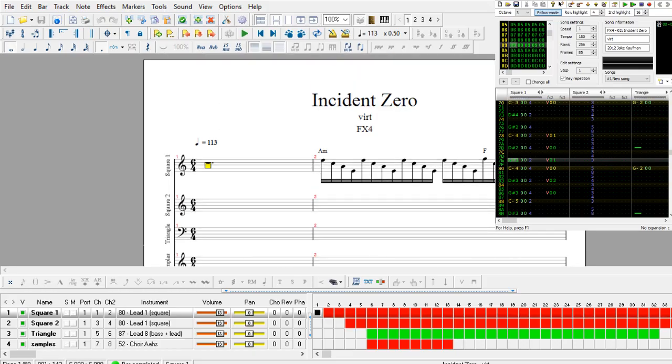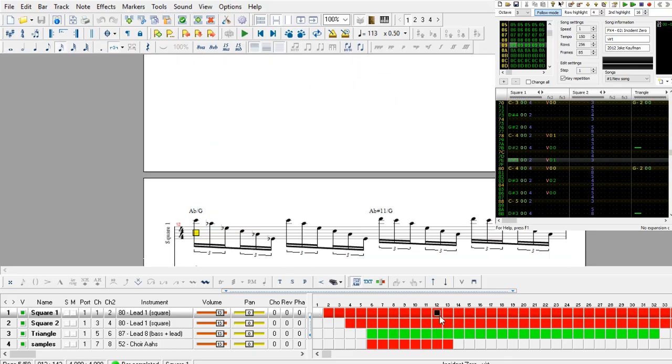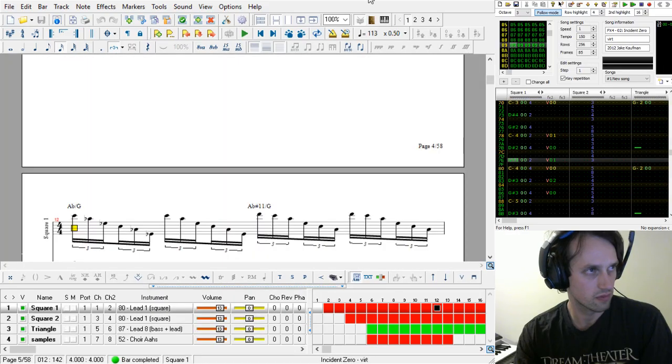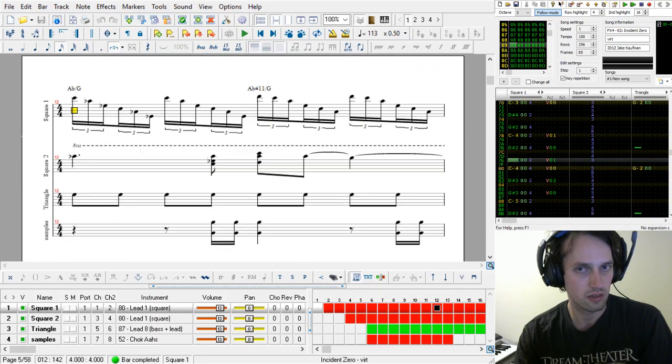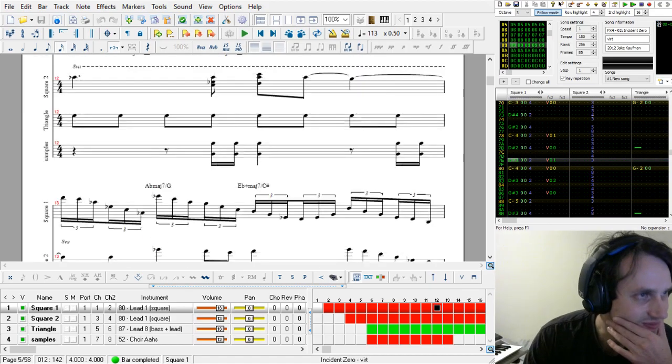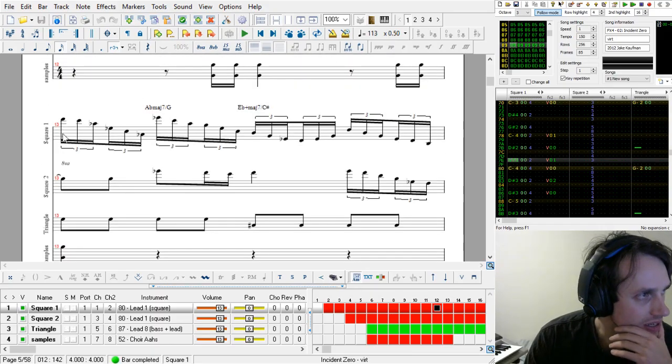Should probably rename that. Anyway, where were we? Somewhere around. Just make sure this looks okay. Okay, nice. Right.